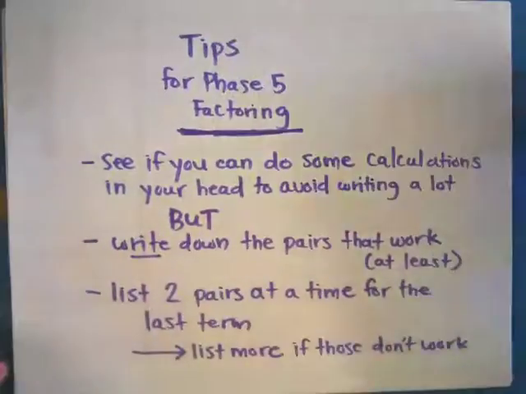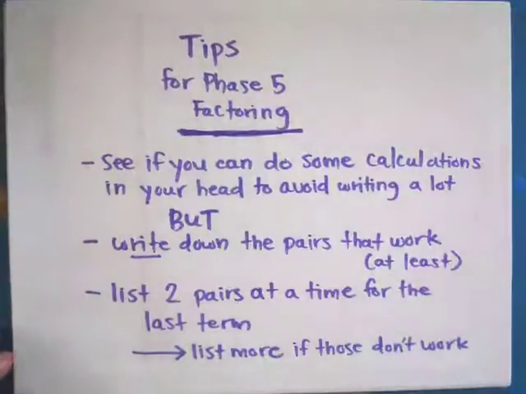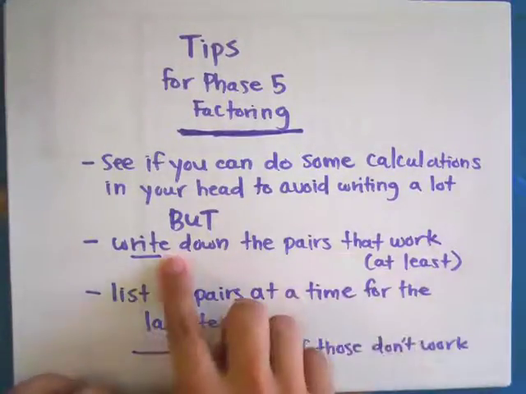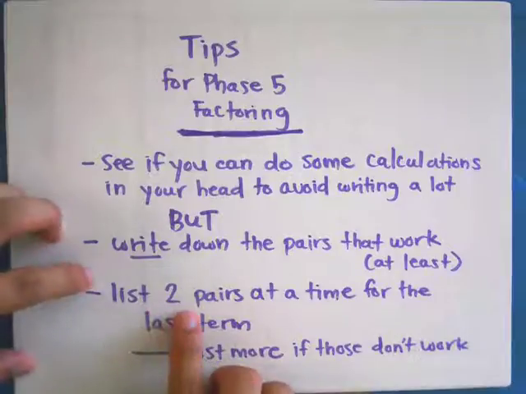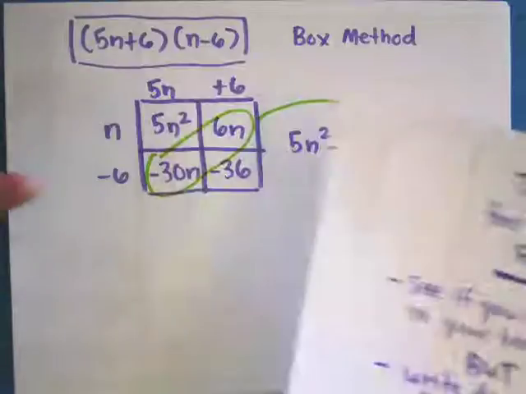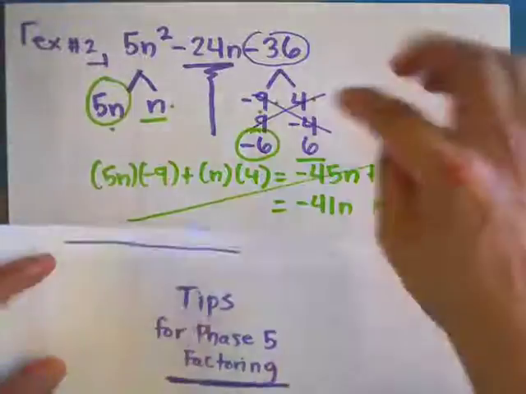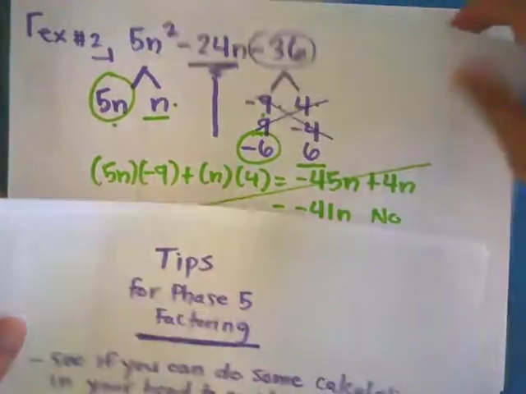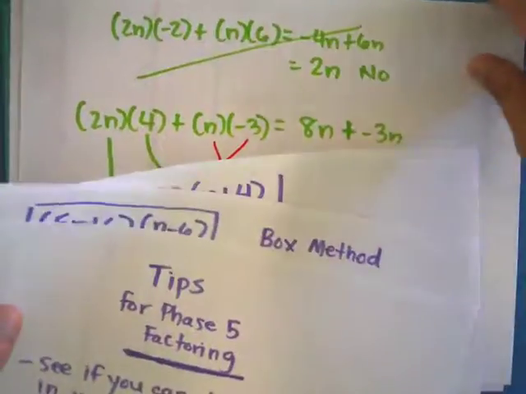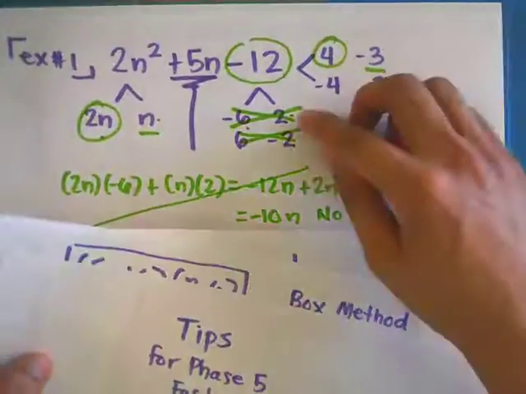But definitely, all of you, at least write down the pairs that actually work, that actually gave you that middle term. You need to write that because you're going to use it. You're going to list down 2 pairs at a time, just like I did in some of the examples. I listed down -9 and 4, 9 and -4. On example number 1, I only listed 2 at a time.